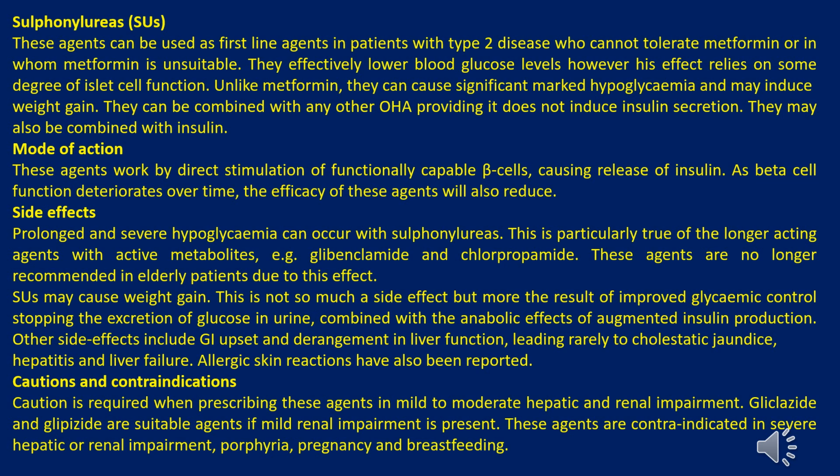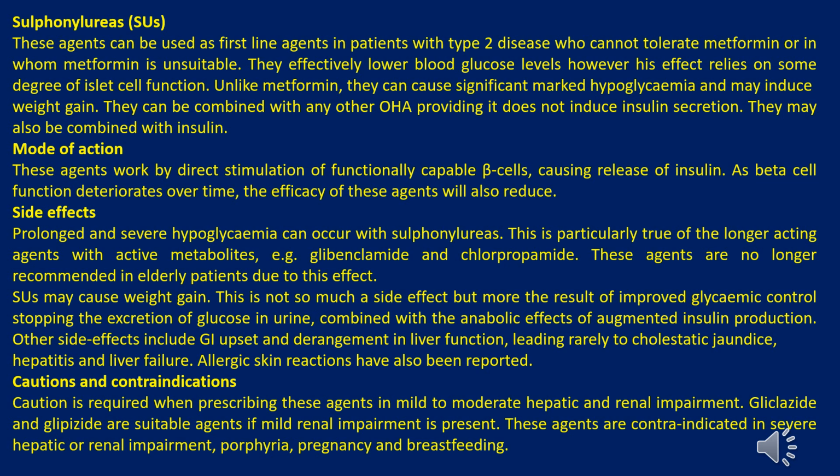They can be combined with any other OHA providing it does not induce insulin secretion. They may also be combined with insulin. Regarding their mode of action, these agents work by direct stimulation of functionally capable beta cells, causing release of insulin. As beta cell function deteriorates over time, the efficacy of these agents will also reduce.